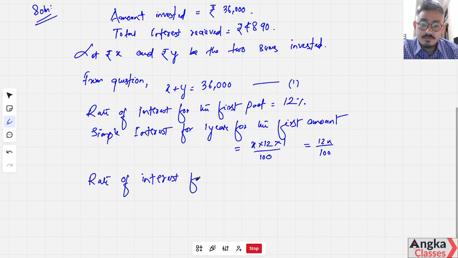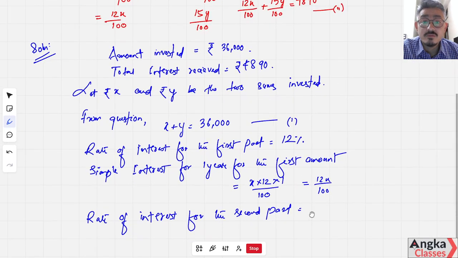Now the rate of interest for the second sum or second part should be 15%, right?